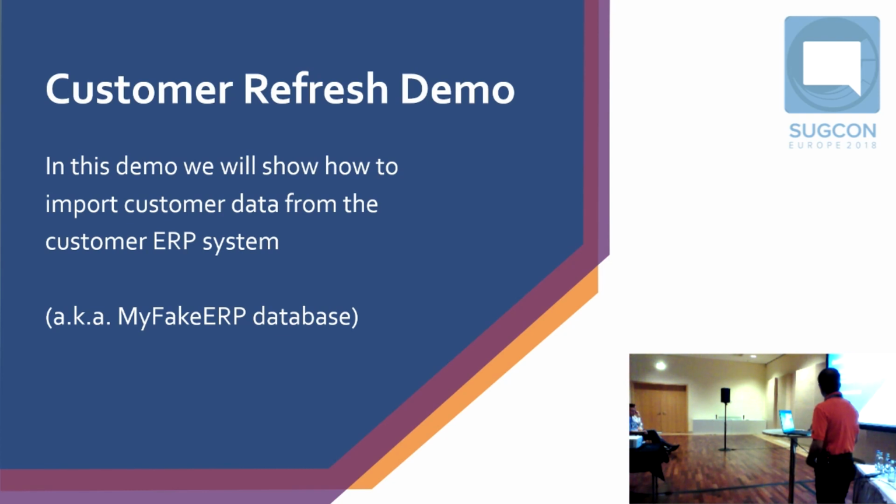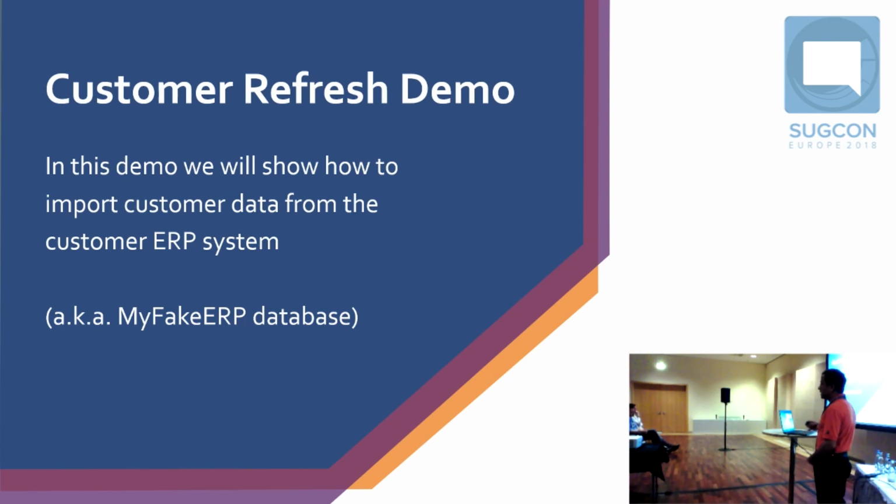Okay, so we are going to show a demo now. For example, here we are loading the customer data from an ERP. We really do not have an ERP, so we have a database, my fake ERP database, and there are two tables there.